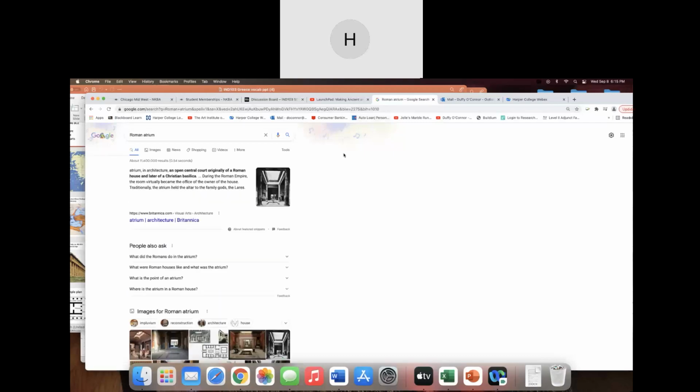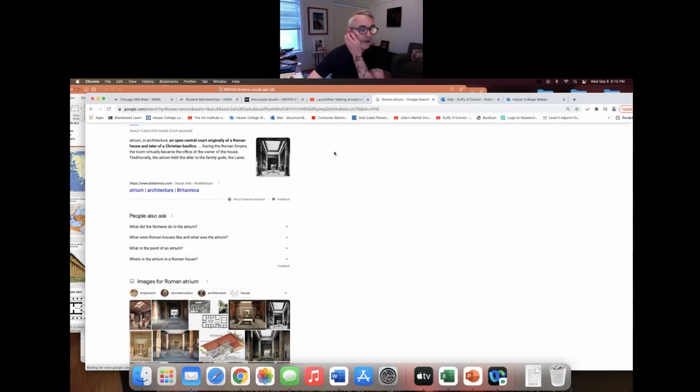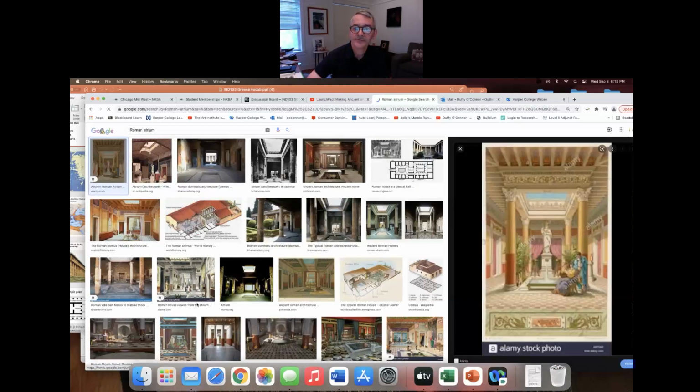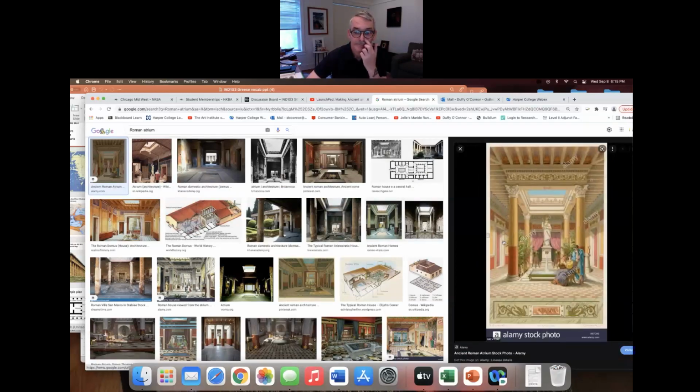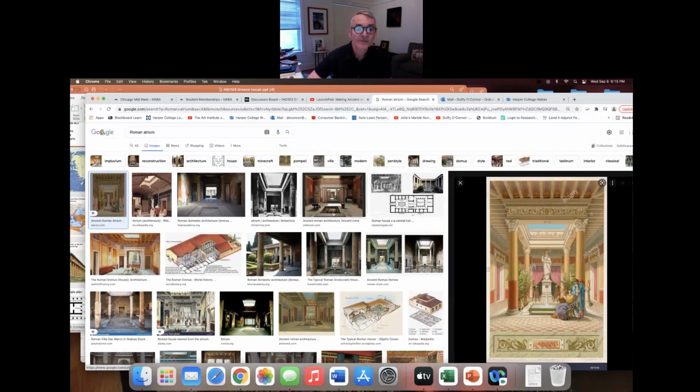Ta-da! There you go. We're going to see some of this. We're going to look at some pictures of the excavations of Pompeii. So you will find out. You will learn about the atrium today, if you haven't already.